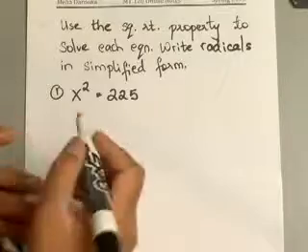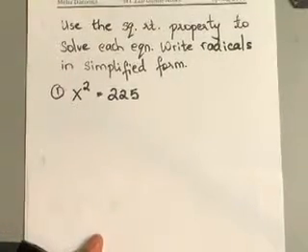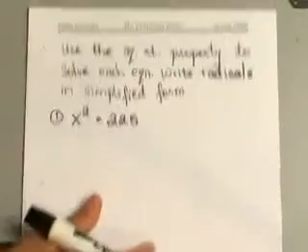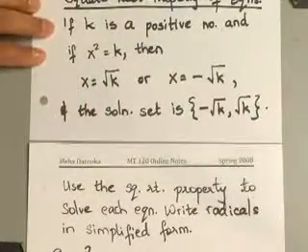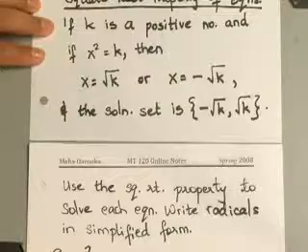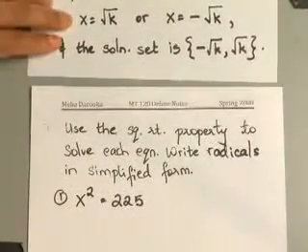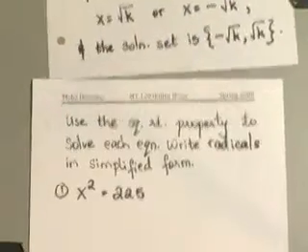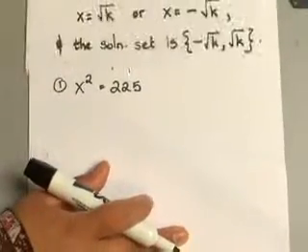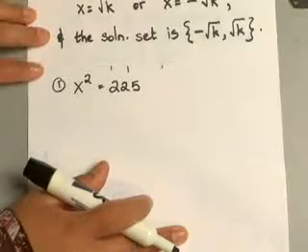Just like our square root property says, anytime you have a positive number k, you can set it up as x equals square root of k or x equals negative square root of k. So let's try and do that here with our x squared equals 225.